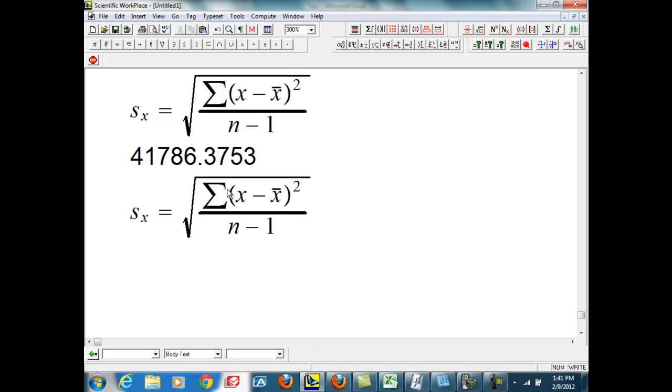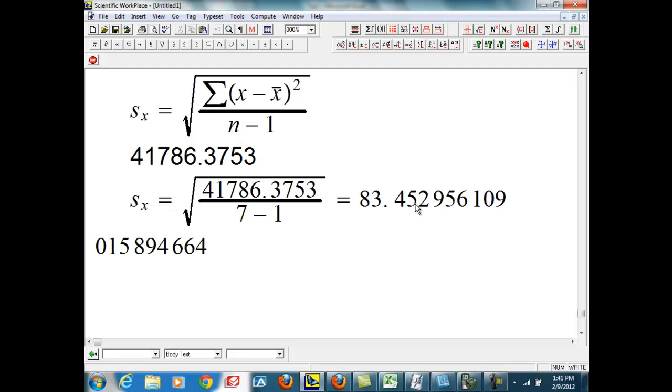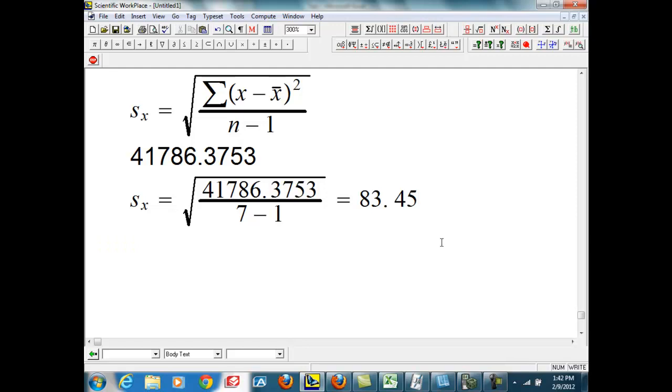I take this and then here what I have is this value in here, right? Makes sense? How many did I have in my sample? 7. Thank you, Taylor. Okay, so there we go. And isn't that what standard deviation was for these guys?